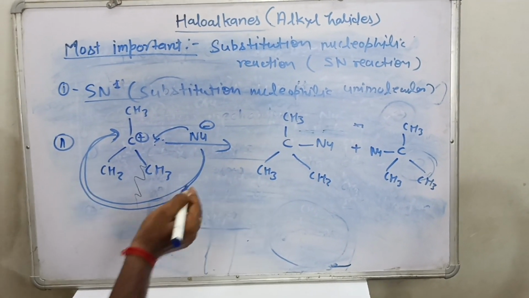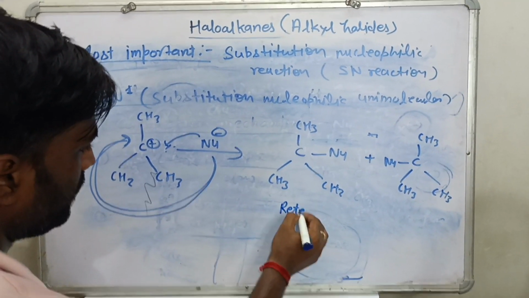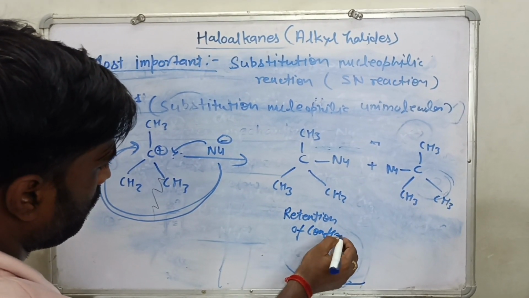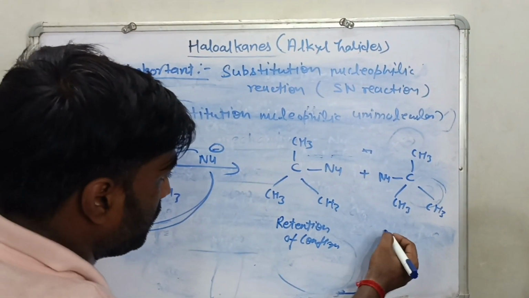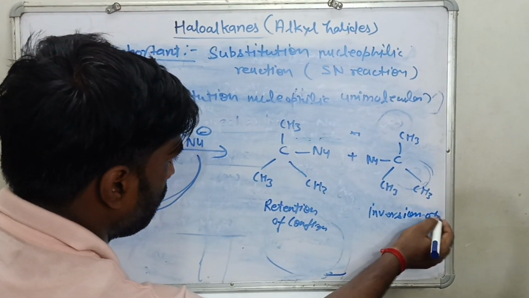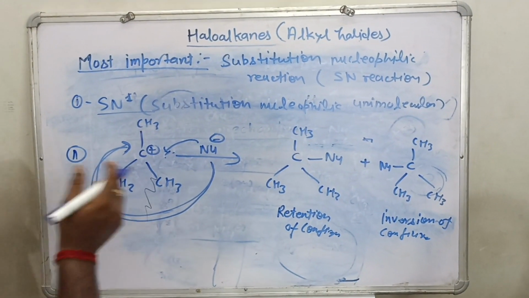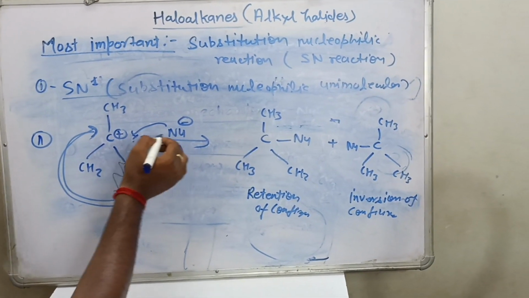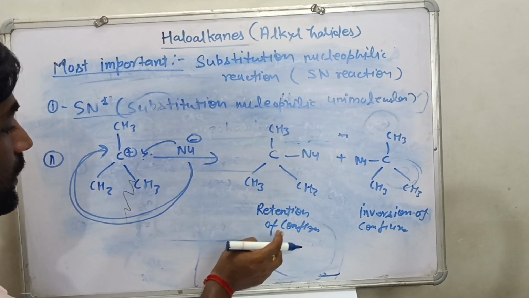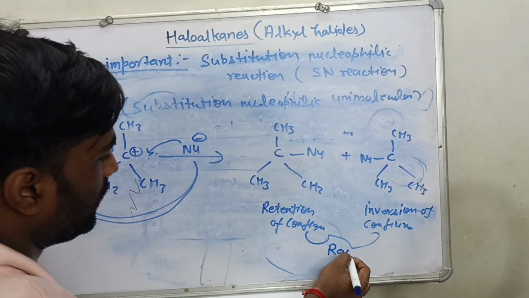Front side attack is known as retention of configuration, and back side attack is known as inversion of configuration. There is a 50% possibility of attack from the front side and 50% from the back side, and these two products are formed based on the geometry, retention and inversion of configuration. Completely, this is known as racemization.